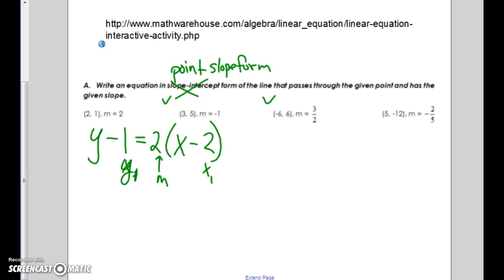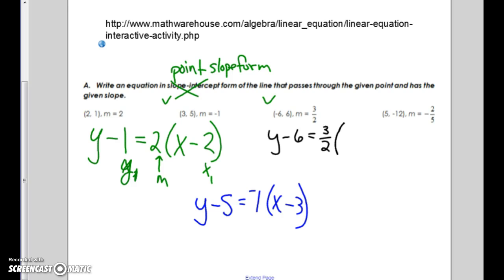I would like for you to try the next 2. On my next one here, it will be y minus my y value, which would be 5, equals my slope, which is negative 1, x minus 3. On the next one, y minus 6 is equal to my slope, which is 3 over 2, and then it'll be x minus my x value, which would be a negative 6.